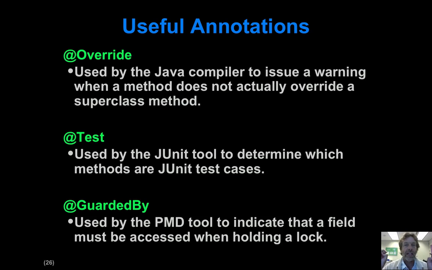probably the most important annotation of all that you'll find in practice is @Override. Oftentimes you're going to have superclasses, and then you'll define a subclass, and you want to override a method of the superclass, which is a common thing you want to be able to do. The problem is, what happens if you define this new method which you're expecting to override, but you get the capitalization wrong, or you mistype a character or something.